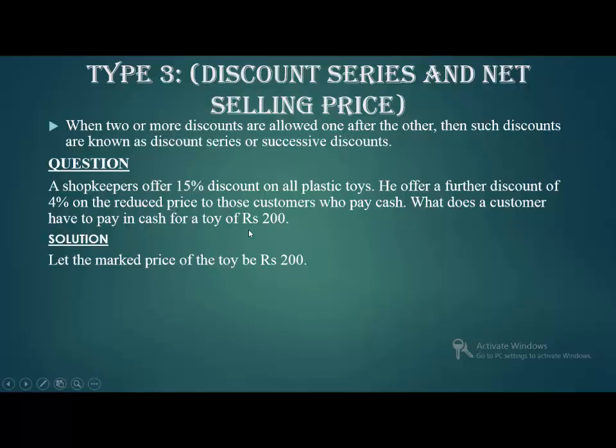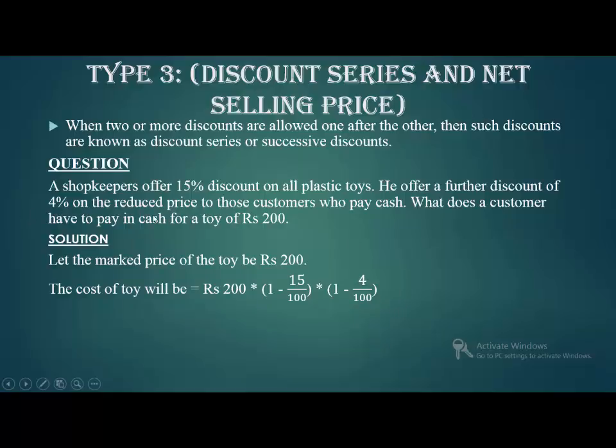For 2 successive discounts, the cost of the toy is simply calculated as 1 minus 15 by 100. This term is due to the 15% discount. This will again be multiplied into 1 minus 4 by 100. This term will be due to the successive discount of 4%.